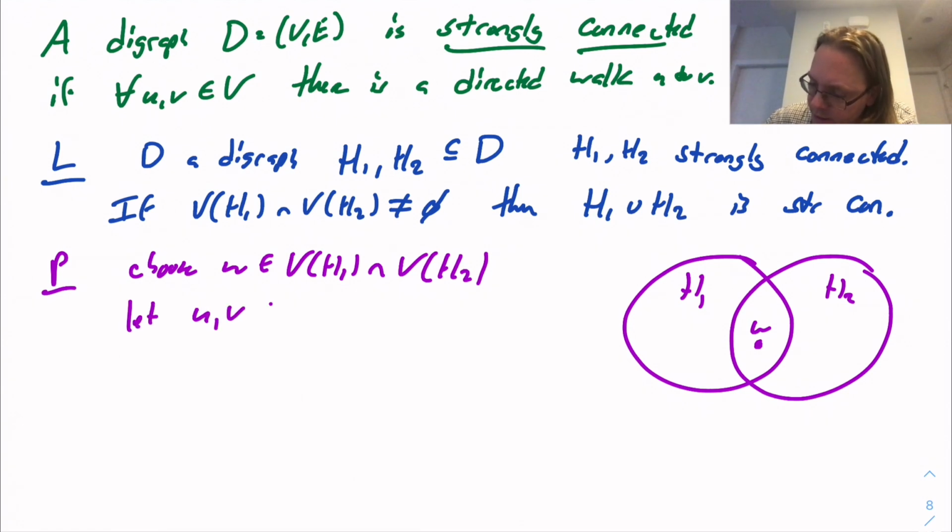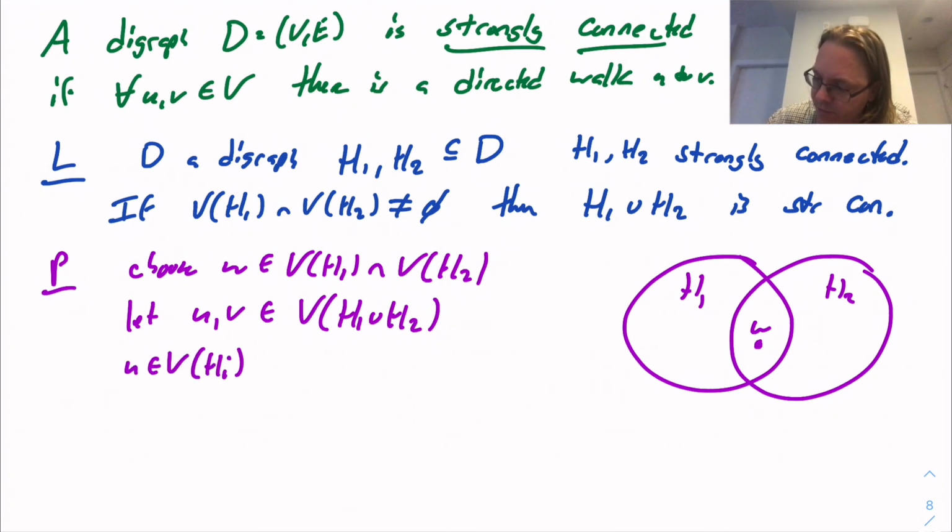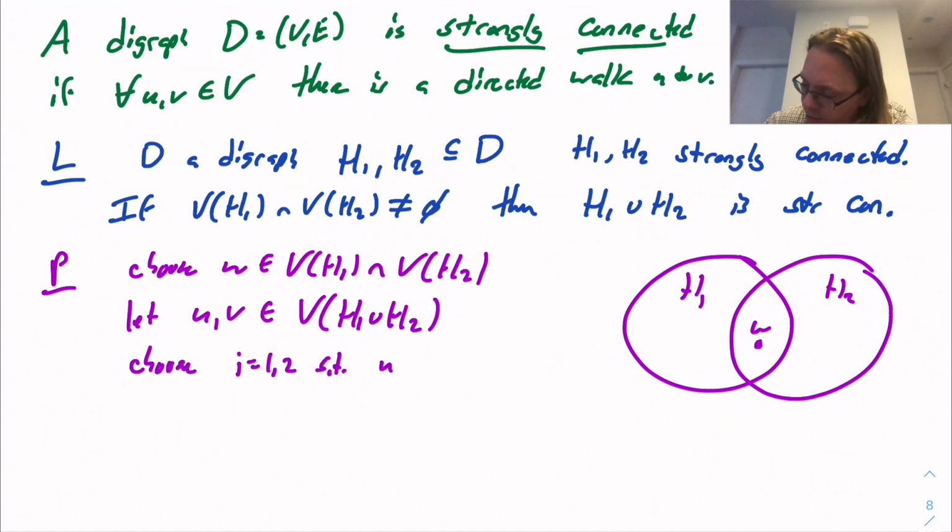So I'm going to choose this vertex W. I'm going to let, say, U and V be vertices in H1 union H2. Now, choose I equal 1 or 2, such that U is a vertex of HI, and let's similarly choose J equal 1 or 2, such that V is a vertex in HJ.